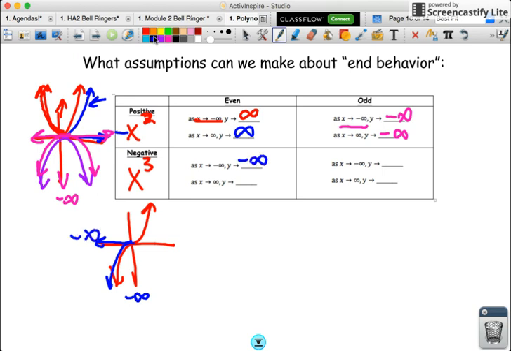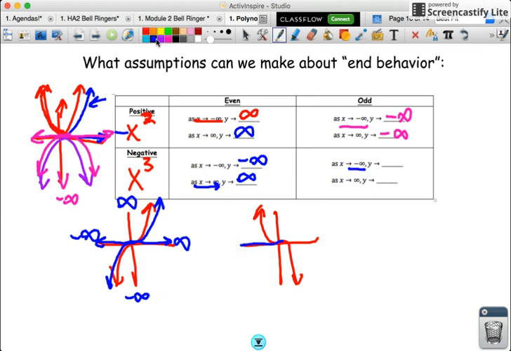And then as my x is approaching infinity, going this direction, my y is shooting up. So this is going towards positive infinity. And if I think about my opposite, I'm going like this. So as I'm approaching negative infinity this way, my y is going up towards positive infinity. And as my x is going towards positive infinity, my y is traveling down. So this is going towards negative infinity. So this will be fancy notation. We'll continue working on it, but I want you to be aware that that is how you're going to see your questions.